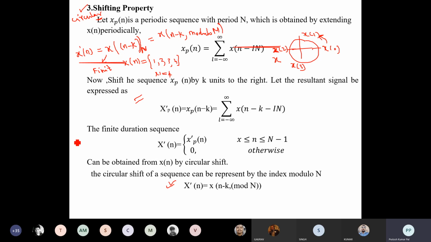So instead of just the normal shifting property, it will show circular shifting. That circular shifting has a fixed, finite number of points, which is why it is called circular shift. We will see it in more detail later.